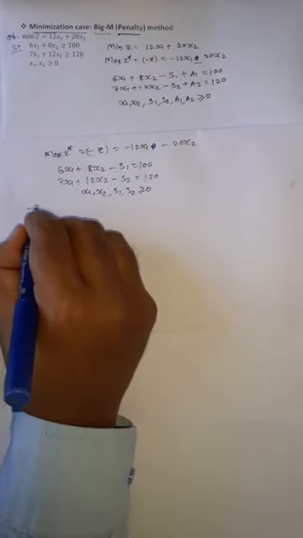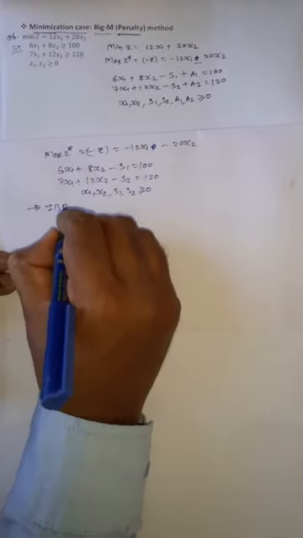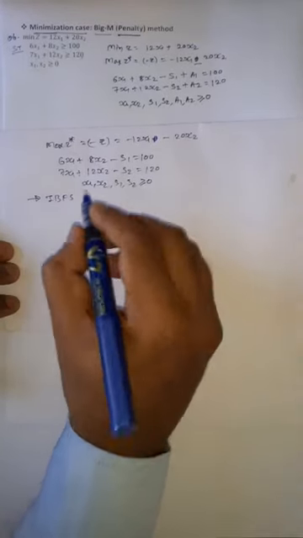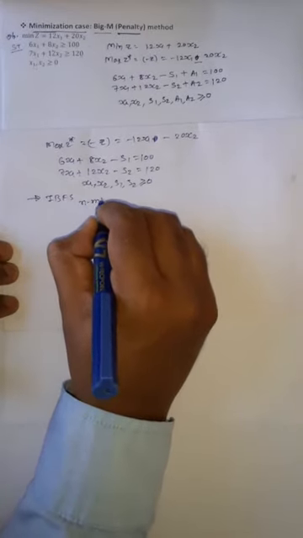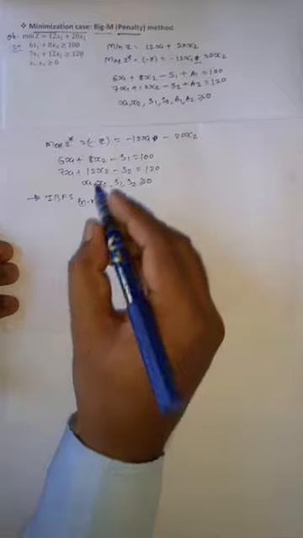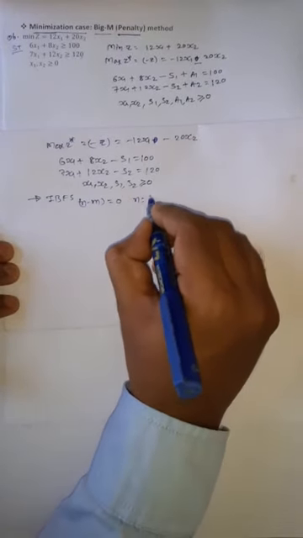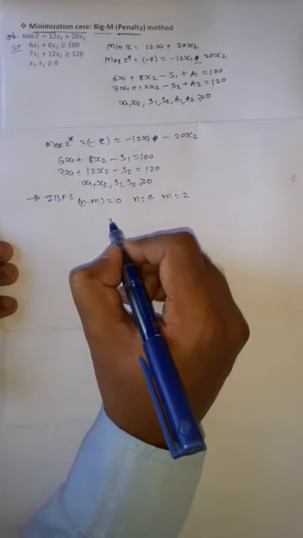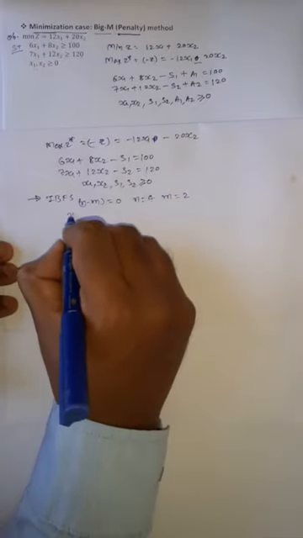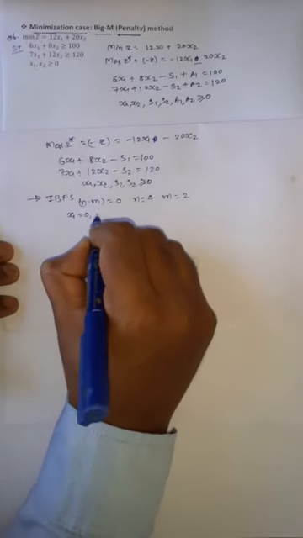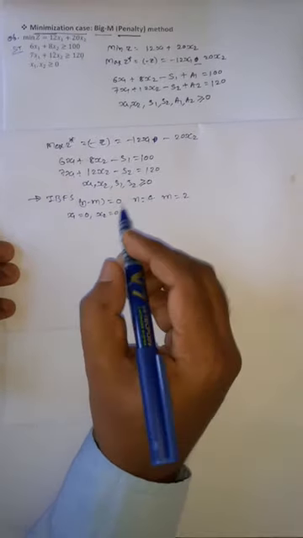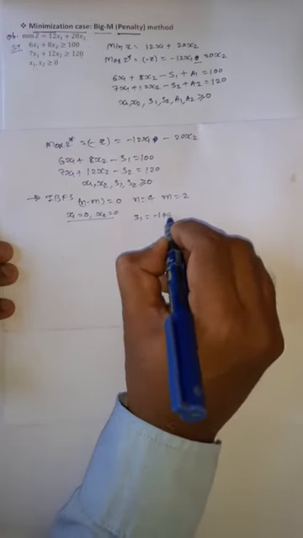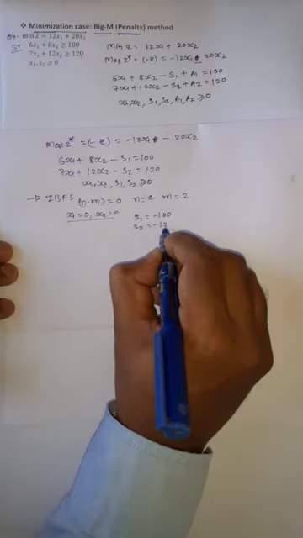After the standard form conversion, the first step is to find the IBFS, the initial basic feasible solution. When you find the IBFS, you have to substitute n minus m variables equal to 0. Here the value of n is 4 and the number of constraints is 2, so you have to substitute a value of 0 for any two variables. If we put x1 equal to 0 and x2 equal to 0 and solve the problem, we get s1 equal to minus 100 and s2 equal to minus 120.